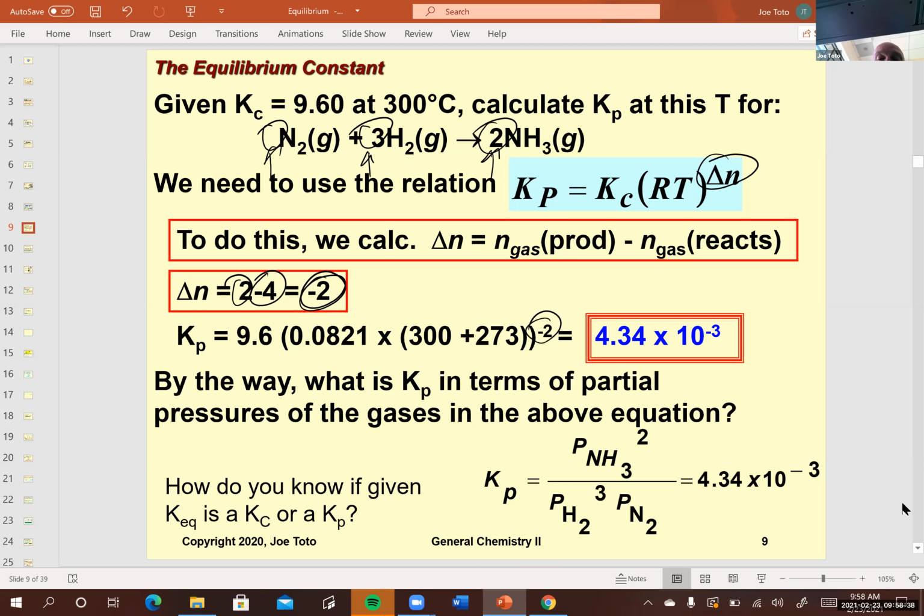So I know RT has to go to the -2 to calculate Kp from Kc. So we looked at that relationship, and we moved on from there.